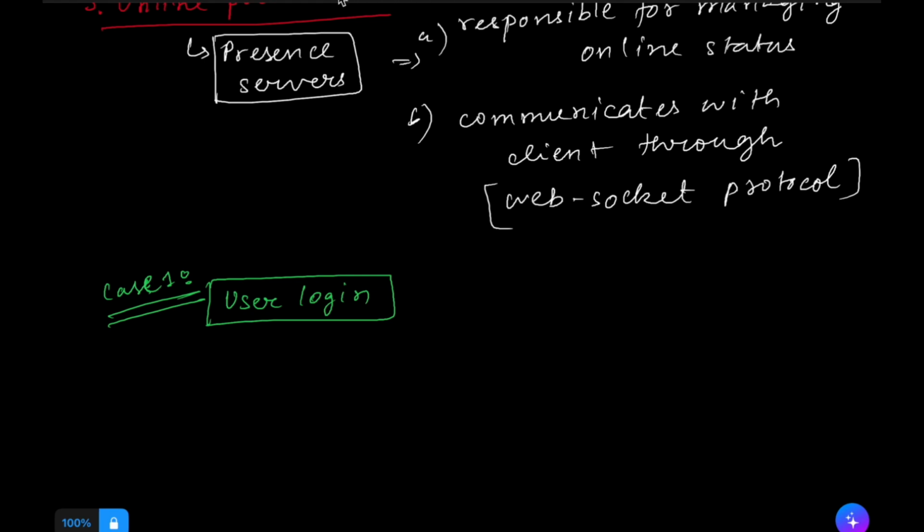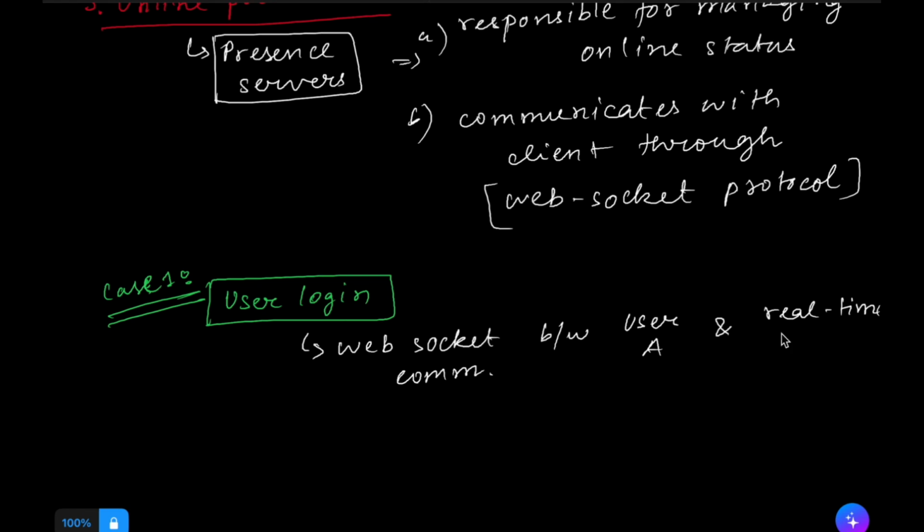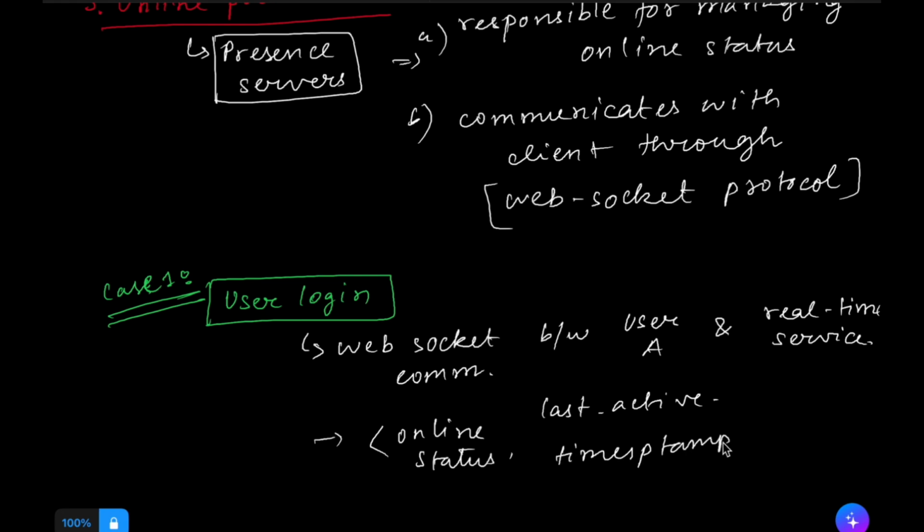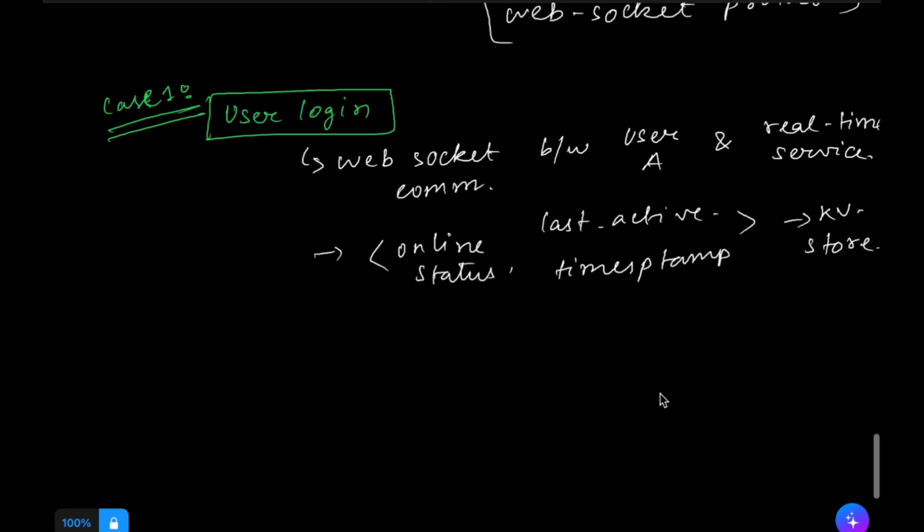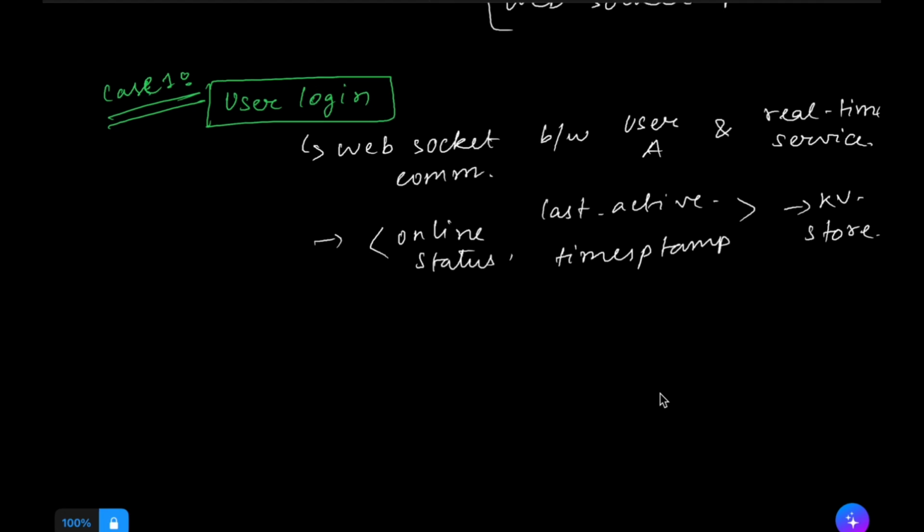We have a WebSocket communication between the user and the real-time service, that is the presence servers, and we store in the key value store this pair, that is the online status and last active timestamp, for that particular user.